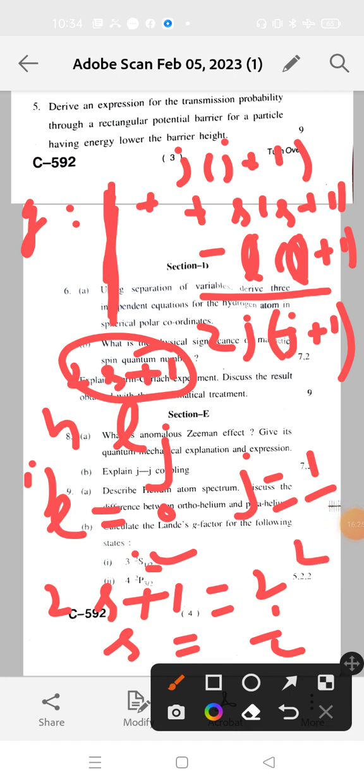So we have obtained the value of L, which is 0 for capital S, and small s is 1/2 and j is 1/2. So we can put these values in this formula and find out the value of g.